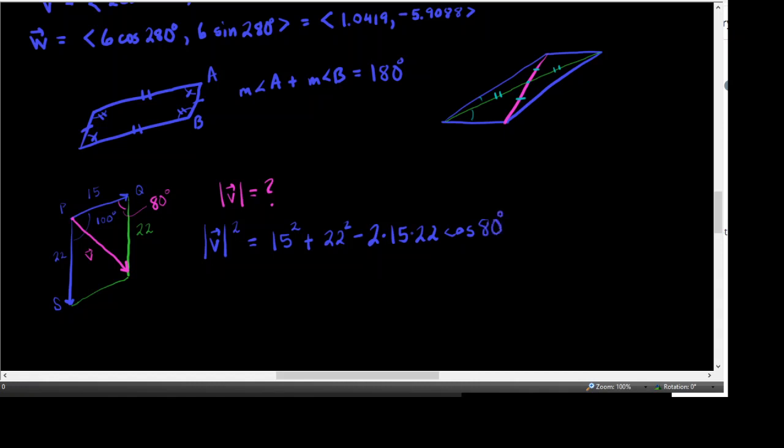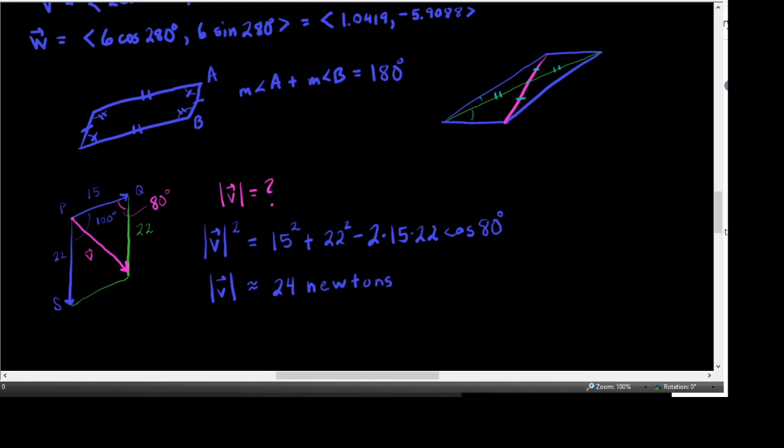So if you take the square root of that mess on the right side, you end up getting that the magnitude is about 24. And since this is a word problem, you might want to reread it. And am I done? No. The magnitude has a unit of measurement. The other two lengths were in newtons, and so this magnitude would also be in newtons.